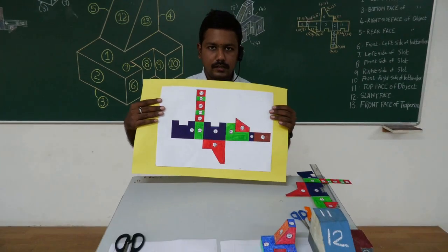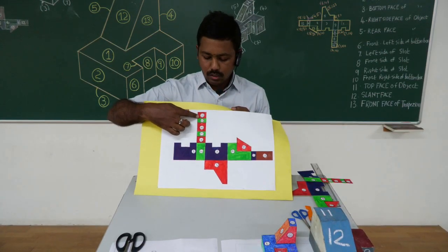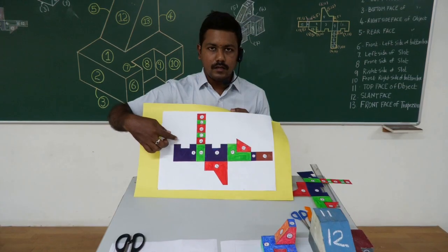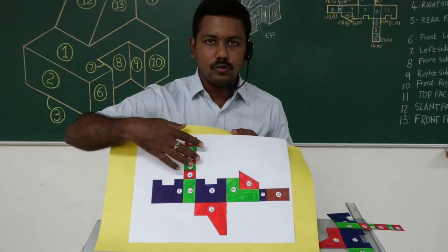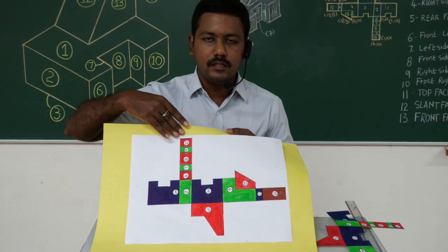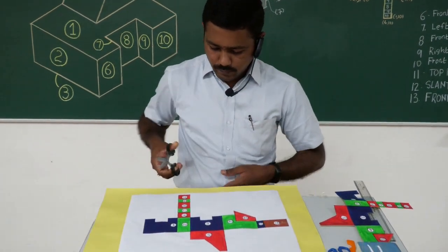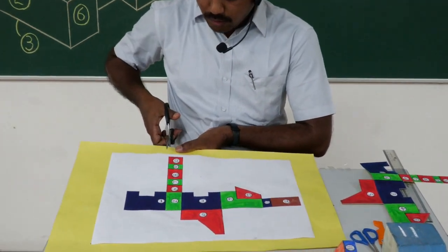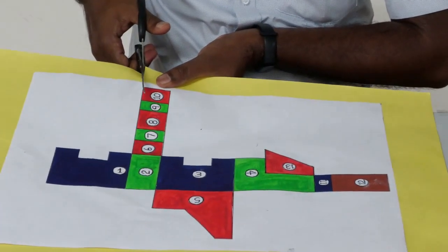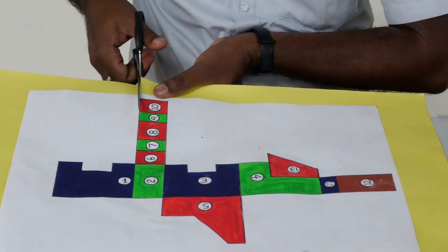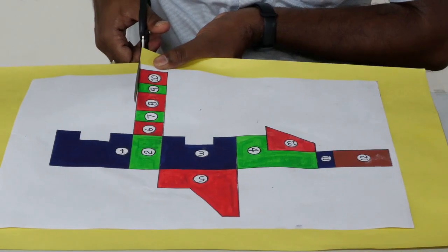So once you have colored it, you can cut the development along the edges. Now I am going to demonstrate how to cut along the edges and how to paste the edges to get the final model. Okay, so I am now starting to cut along the edges. You can use either a scale with a blade, or you can simply use a scissor to cut along the edges.